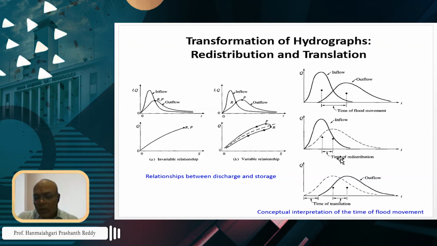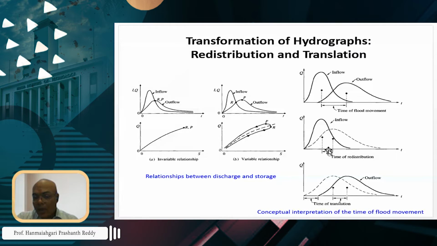So this outflow hydrograph will be attenuating from the inflow hydrograph, and at some point at a downstream location it attains a constant shape, and the distance between the center of gravity of the outflow hydrograph and the inflow hydrograph, when the outflow hydrograph attains a constant shape, is called the time of redistribution.